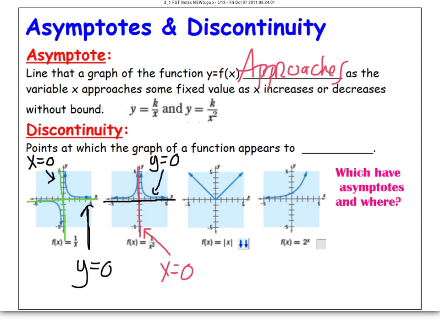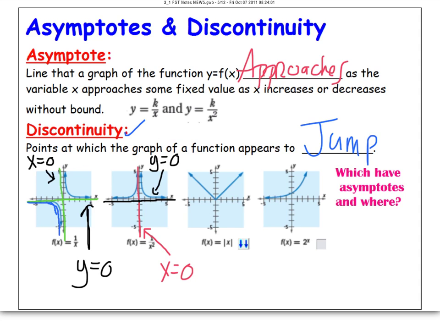Now the other word is called discontinuity, and it's a point at which the graph of a function appears to jump. When you're drawing the graph, if at any point you have to lift up your pencil to continue to draw it, you just created a point of discontinuity. If I draw this first graph here, on the blue end I'm drawing this downward.